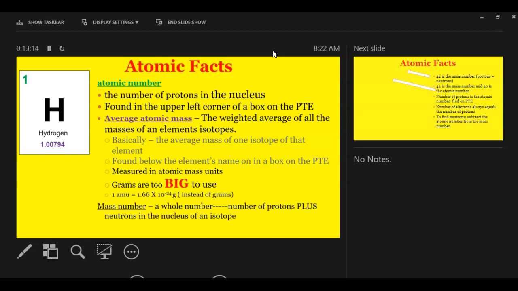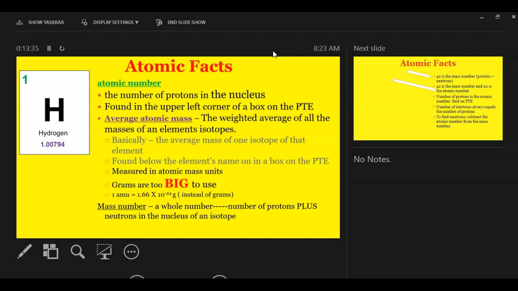It is sort of. It's definitely helpful. The atomic number is the number of protons in the nucleus. That whole number in the upper left-hand corner, that is the atomic number. That tells us how many protons.